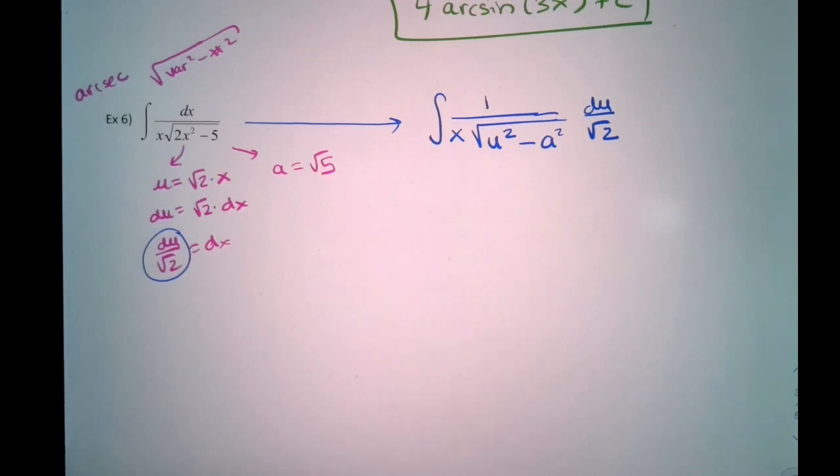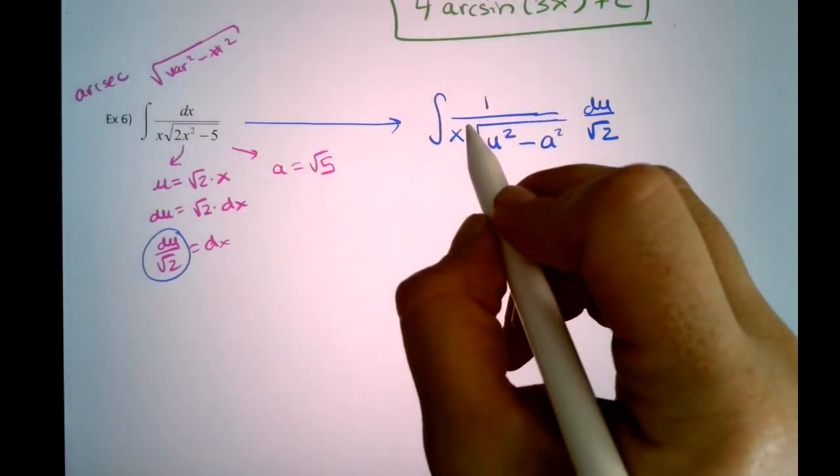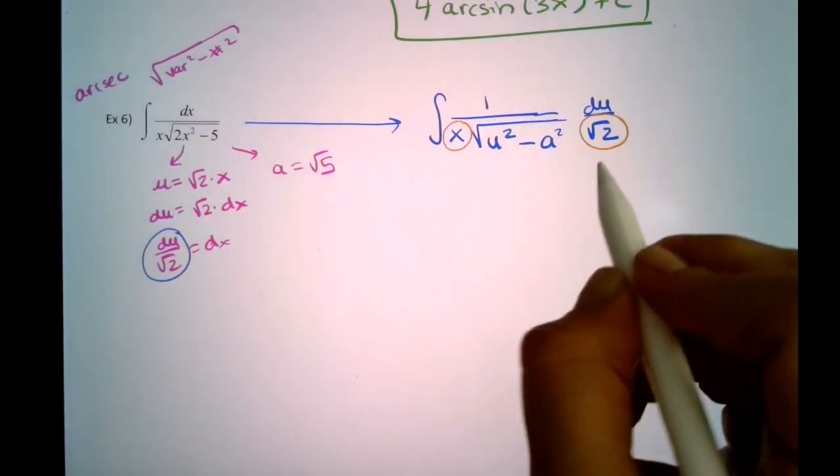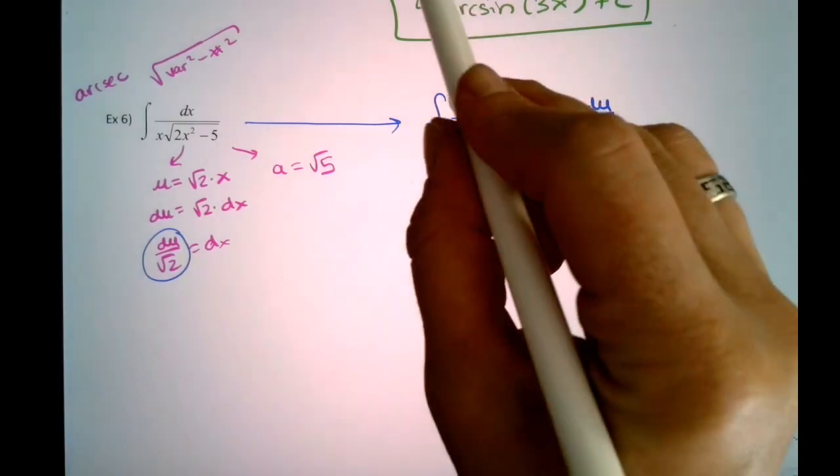So I'm almost there. What I want you to see here is this x and the root 2, and how do those things work themselves out? I want you to look at that. I want you to put those together right down there in that denominator.